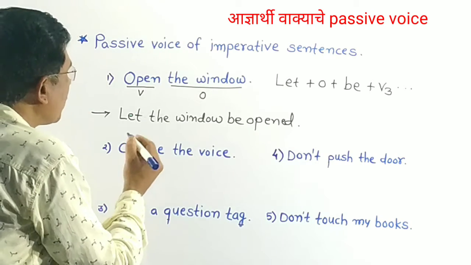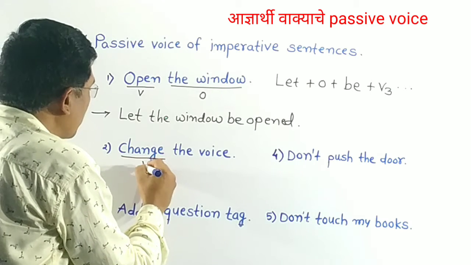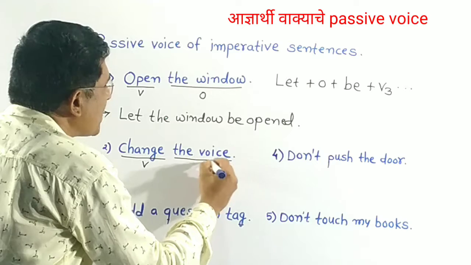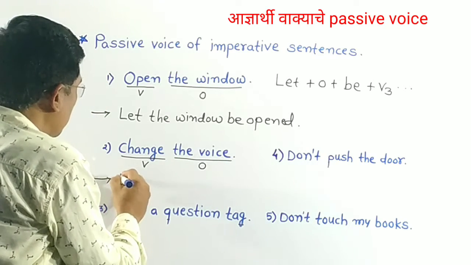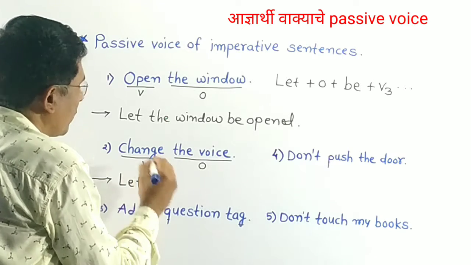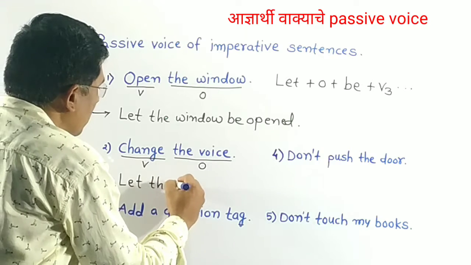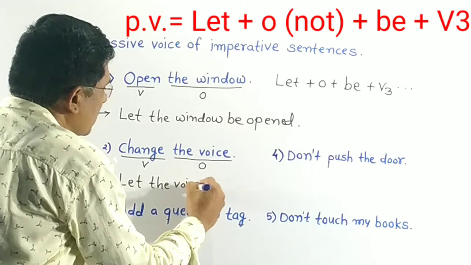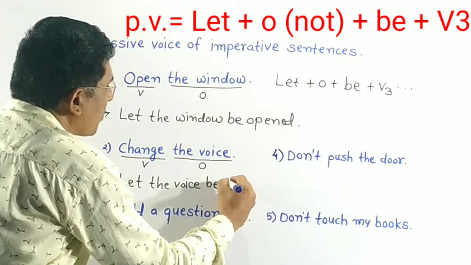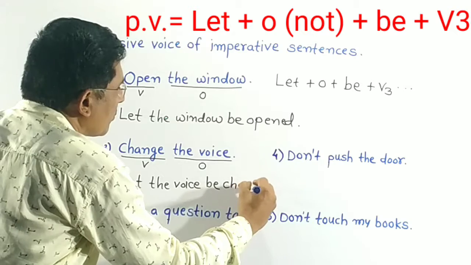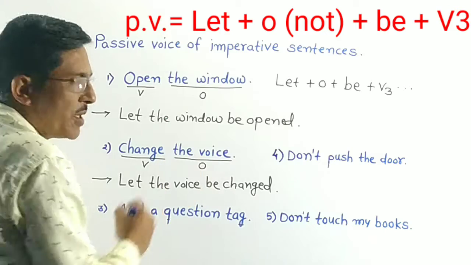Let the window be opened. Next sentence, change the voice. Change is verb, the voice is object. Sentence begins with let, then take object, the voice. Let the voice be, and V3 form of change is changed. Let the voice be changed.